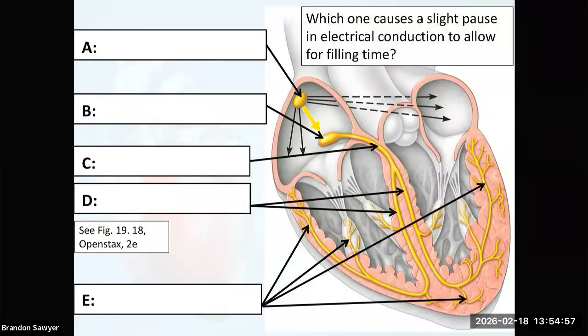Would their depolarization cause depolarization of the atria as well? No, it doesn't really spread back the other way. So you can get supraventricular tachycardia, where the atria are not really doing a whole lot. What would cause AFib?